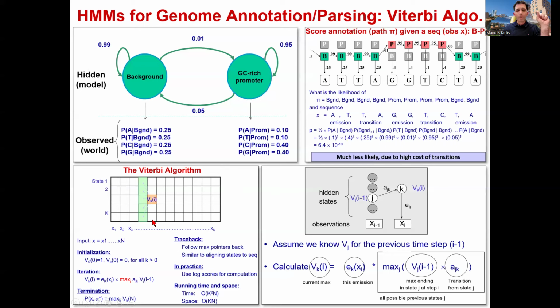Now, if I care about a given position, the amount of the probability mass that is concentrated in the best possible path, the best possible parse, is actually quite small. There are many paths, an exponential number, that can parse that entire sequence.